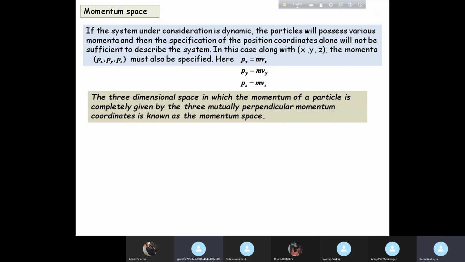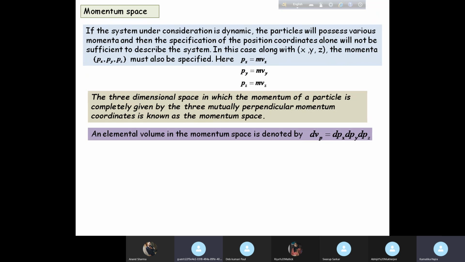Okay, so once again 3n coordinates will be here to describe the momentum of the particle at a given instant. Okay, elemental volume in momentum space is denoted by dpx dpy dpz, elemental increments in the individual momentum directions. Phase space. What is phase space?